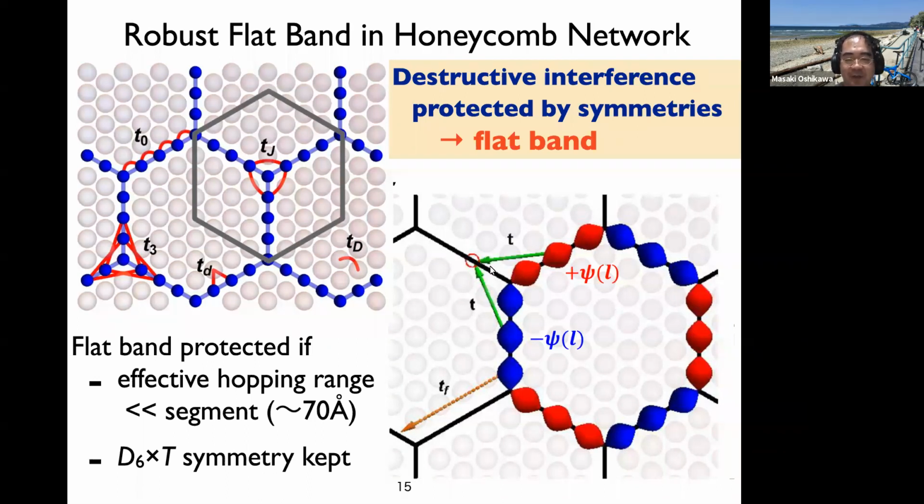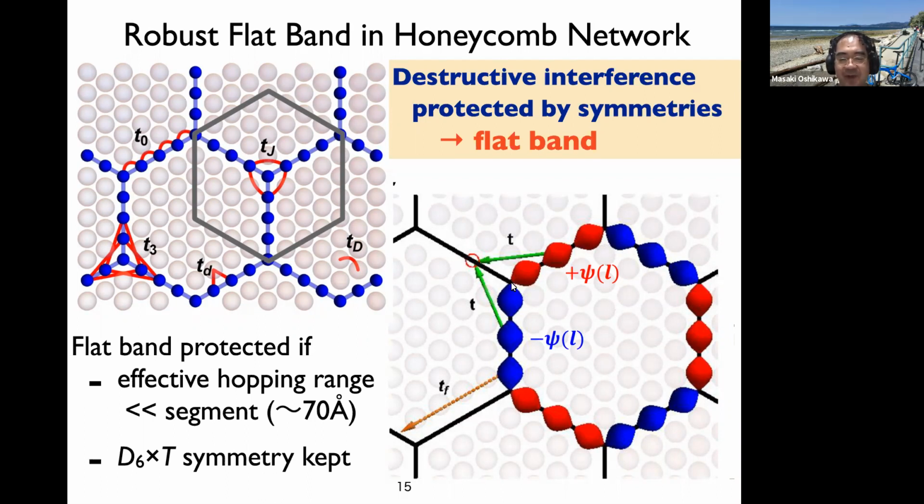But the point is that as long as you keep the symmetry, like reflection symmetry about this axis, then the hopping from this side cancels with hopping from this side, because they have the same magnitude of wave function, but the sign is opposite, because you have a node here.